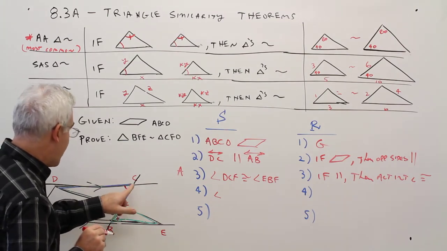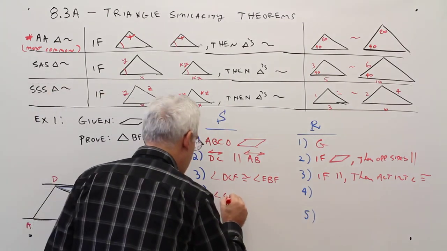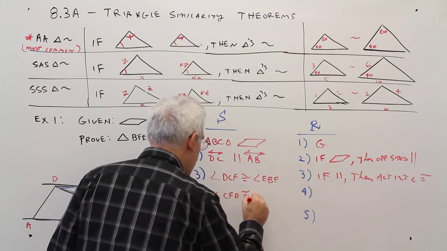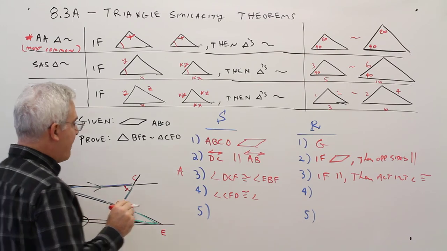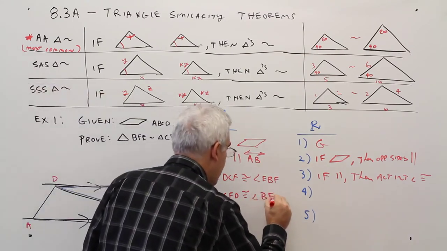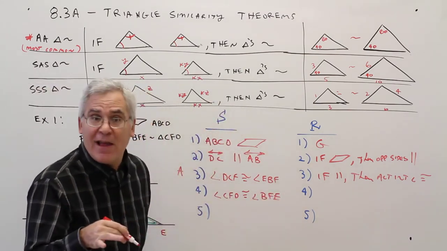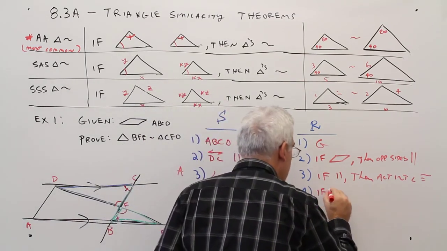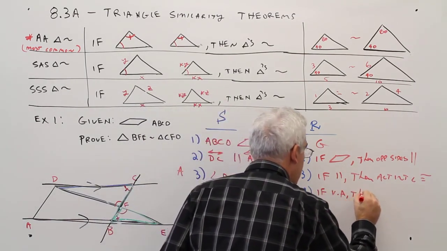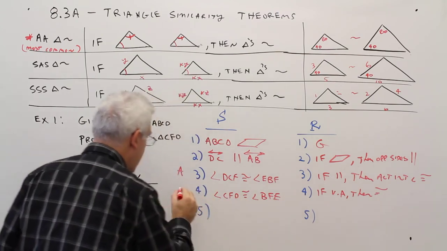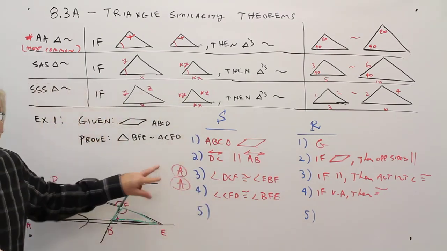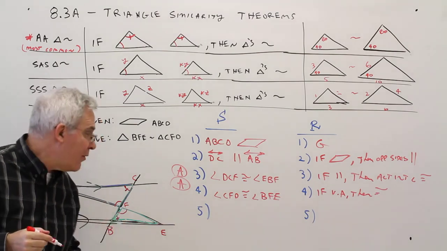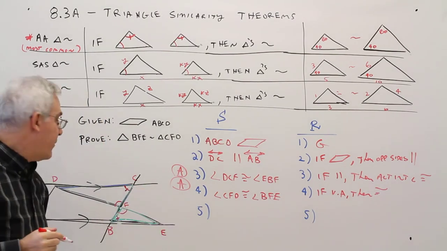I'll go CFD is congruent to angle BFE. If vertical angles, then congruent. So now I've got my two angles being established congruent. Now I can go to the final statement.